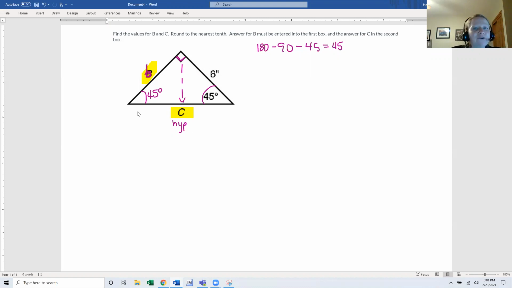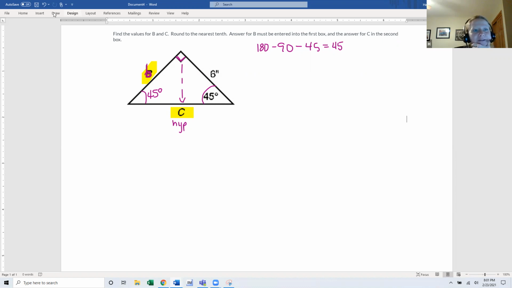Okay, so let's use sine, cosine, or tangent to help us find what's going on here. We want to find the hypotenuse. So we want to find, what do we want to find? We want to find little b.